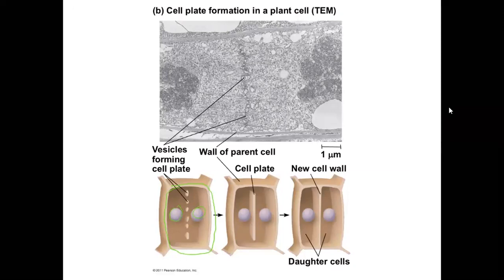First, you have the formation of the cell plate. You have vesicles that would move towards this region. And then these vesicles would coalesce or unite to form a solid cell plate. And then this cell plate would extend to reach the edges of the cell. And once it reaches the cell wall, it would effectively divide your cell into two new daughter cells.